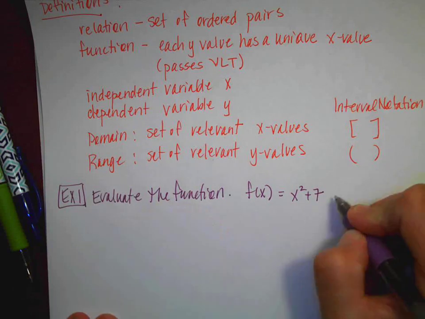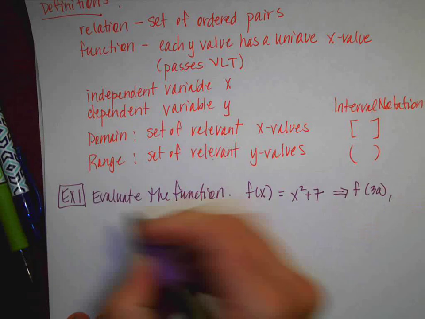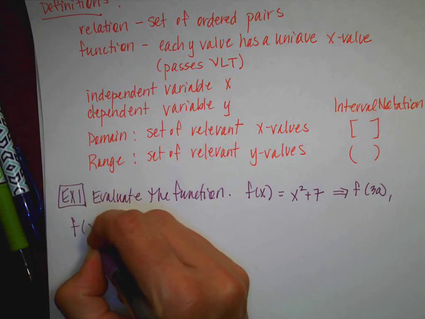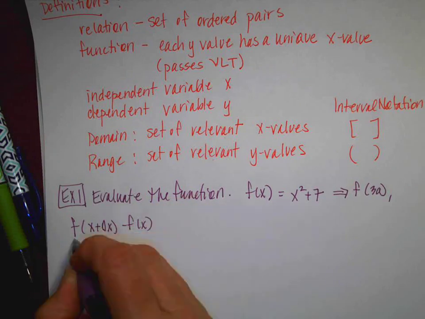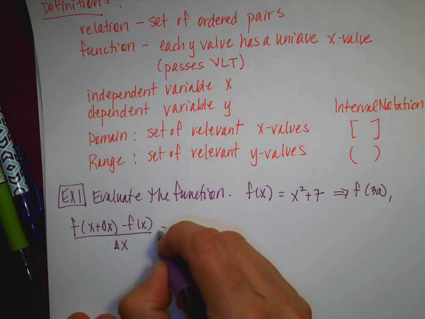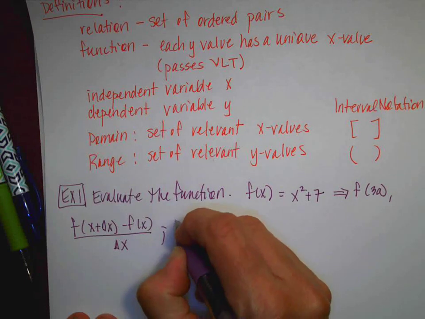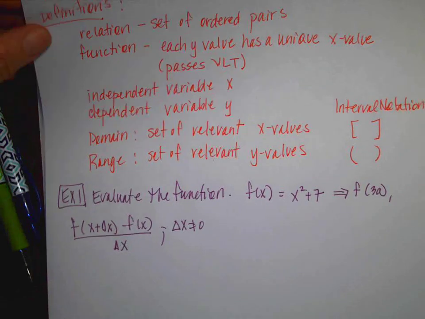I want to do f of 3a, and then I want to do f of x plus delta x minus f of x, all over delta x. And of course, in this particular case, delta x can't equal 0 because then the world will explode.